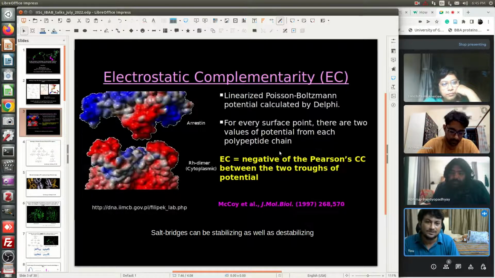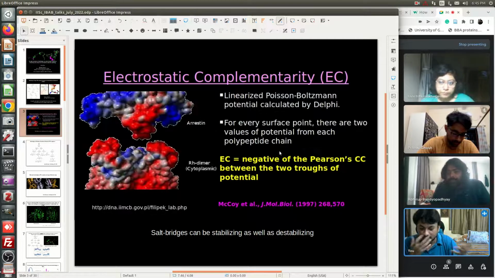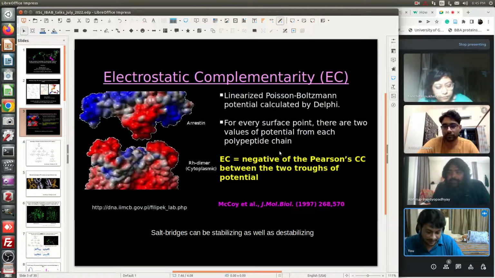This paper was also instrumental in the structural bioinformatics of proteins because they ruled out complementarity for surface charge or any kind of charge distribution, and it was revealed that complementarity at protein-protein interfaces, in terms of electrostatics at least, lies in the anti-correlation of surface electrostatic potential, contributed by all atoms, because Coulomb interactions are essentially long-range and can be devoid of salt bridges as well.